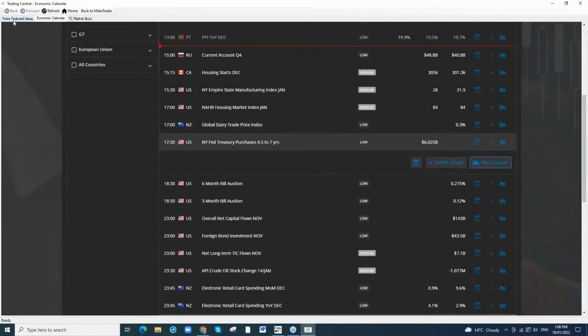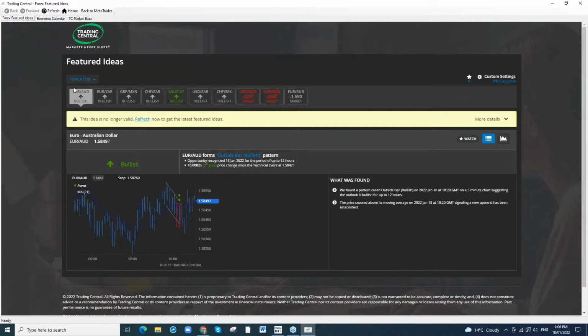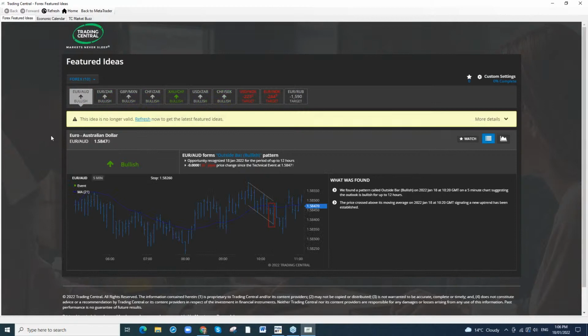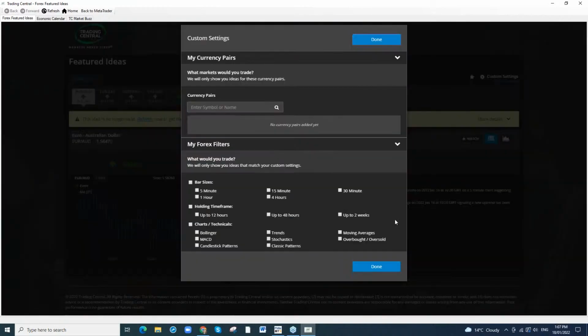When it comes to Forex Feature Ideas, that's a product which helps you to get ideas about what to trade. If you are interested in trading Forex, you can filter from some settings here. If you are interested in a specific holding time, bar size, or maybe specific technical indicators, you can add them here.